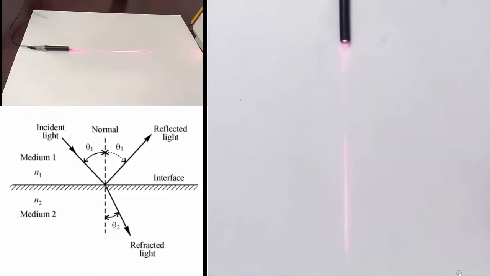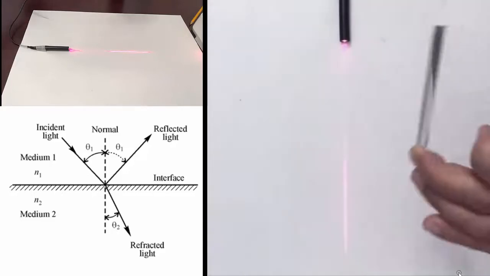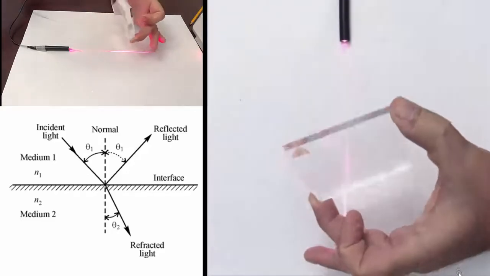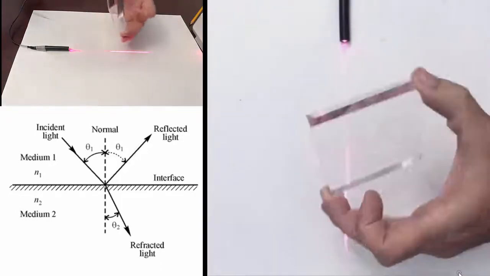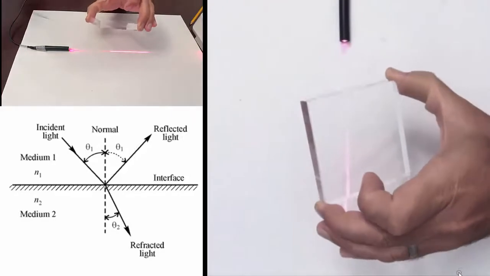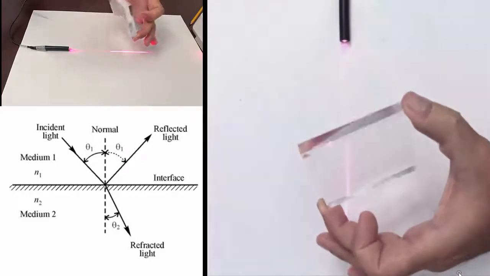After the laser pointer is positioned, the next step is to place the optical block. Before you position the optical block down onto the sheet of paper, you want to make sure that you inspect your optical block and make sure that it is free of any kind of dirt and fingerprints.